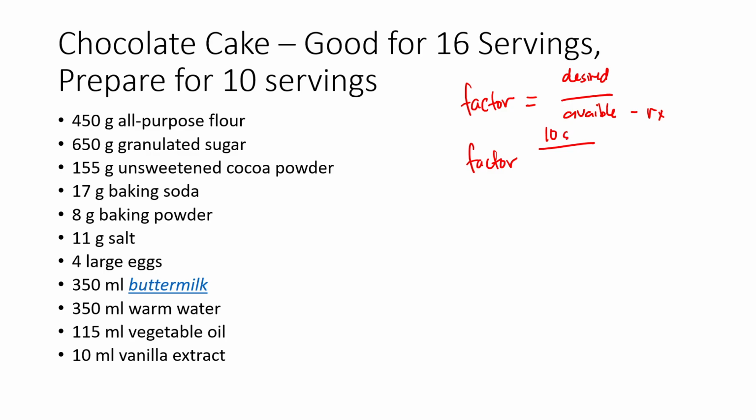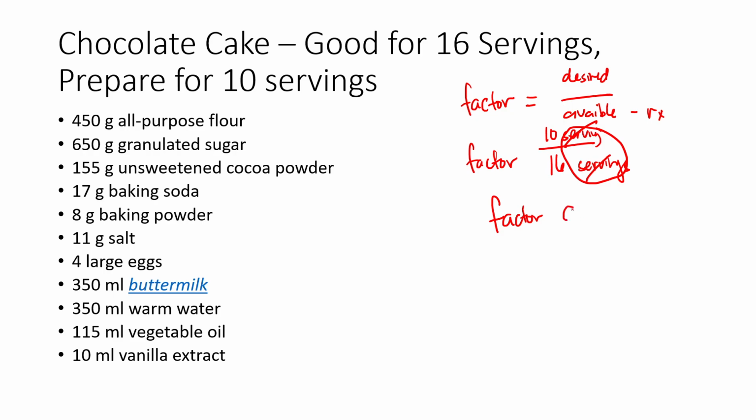We desire 10 servings. And what is available in our recipe is 16 servings. Please take note that the desired and available should always be the same unit, so they can cancel each other out. So our factor here would be 10 divided by 16.